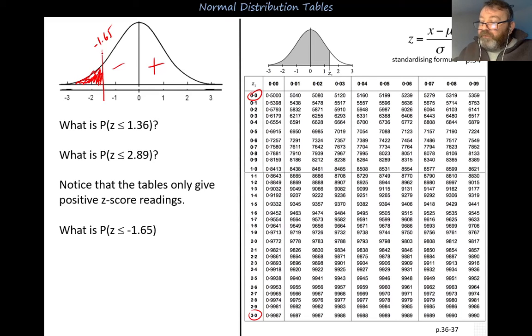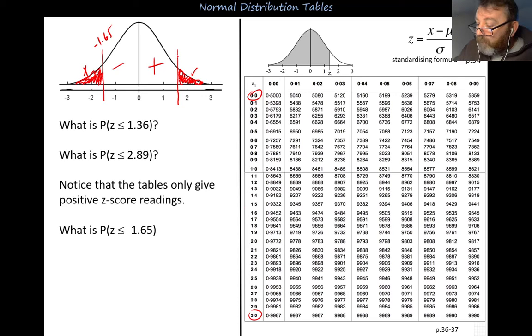Okay, so instead of using minus 1.65 to the left, we go to 1.65 and we mirror that area to the right. Okay, so instead of looking at this one, which I can't do, I'm going to look at this one, which I can do. But here's the problem. If I now look at what is behind 1.65, the table will give it to me.